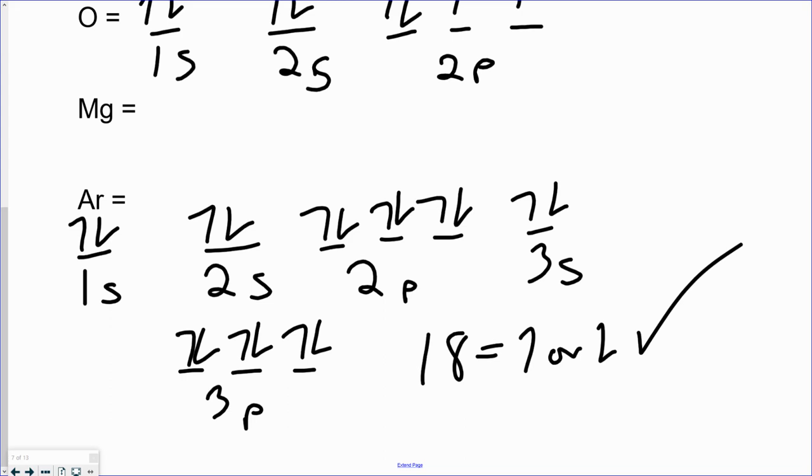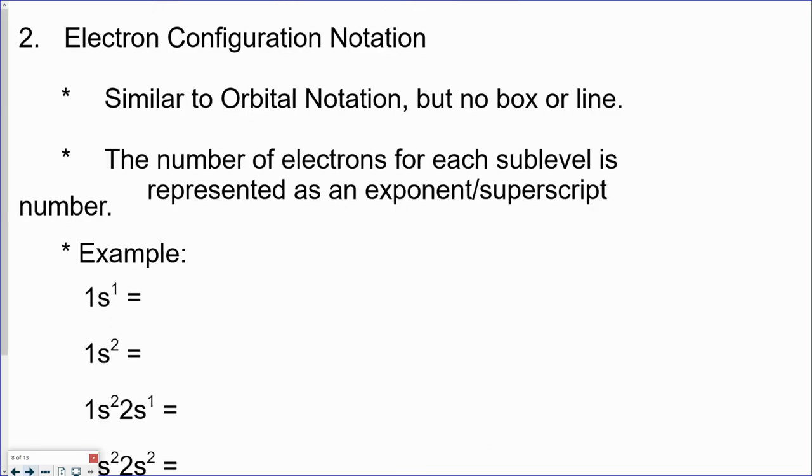So we're going to move on to the second type of notation, and that's electron configuration. Now, what electron configuration does is instead of having the lines and the arrows, now this equals an exponent.